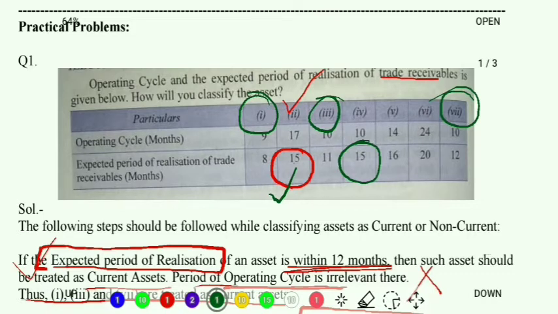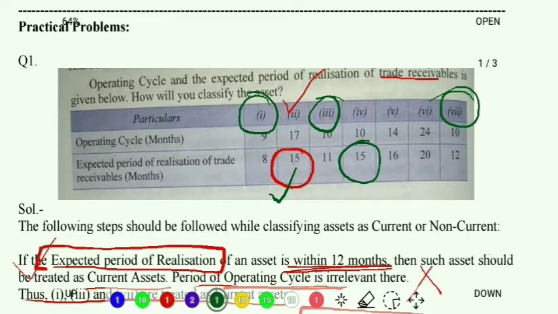So can we say that the expected period of realization is more than the operating cycle months? Yes, right? As it is greater than the operating cycle months, we conclude it to be a non-current asset.